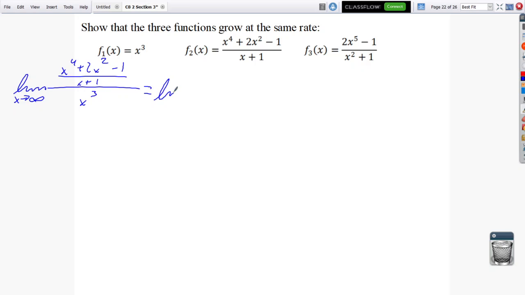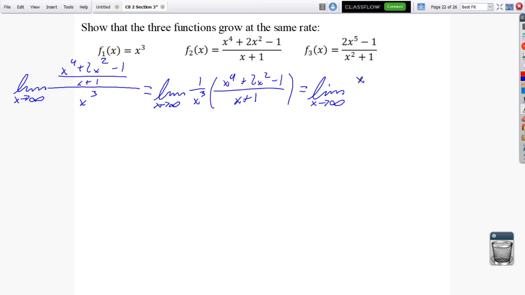So looking here, I would change this into the limit as x approaches infinity. Instead of divide by x cubed, I'll change that to 1 over x cubed times x to the fourth plus 2x squared minus 1 over x plus 1. I'm going to distribute my x cubed into the parentheses, at the same time distributing my 1, the multiplicative identity.